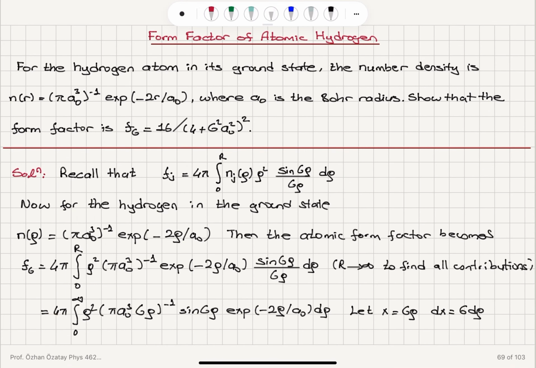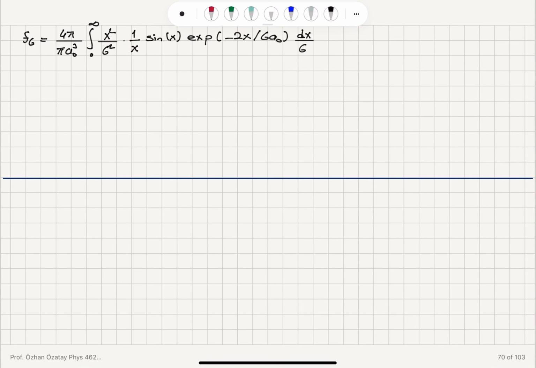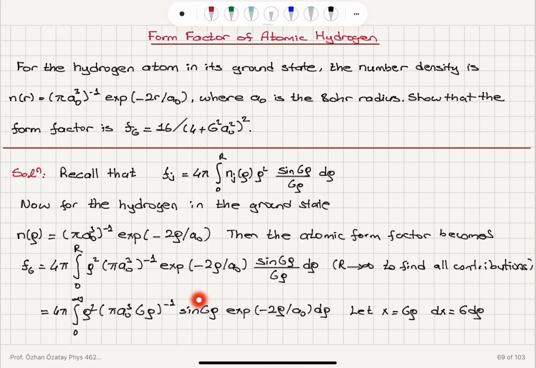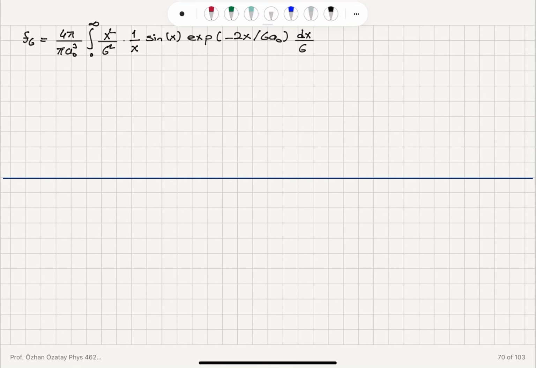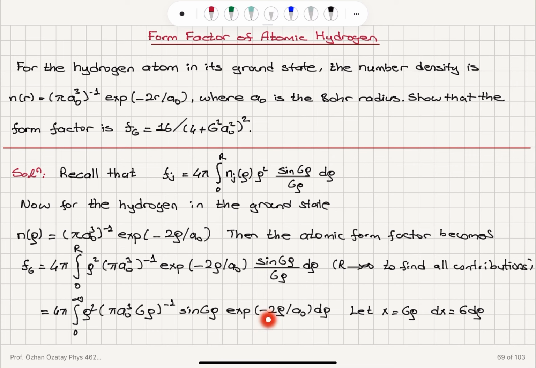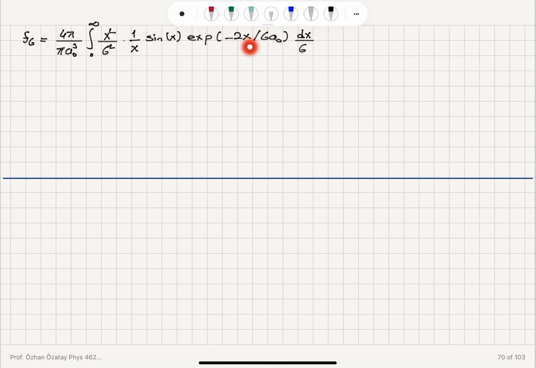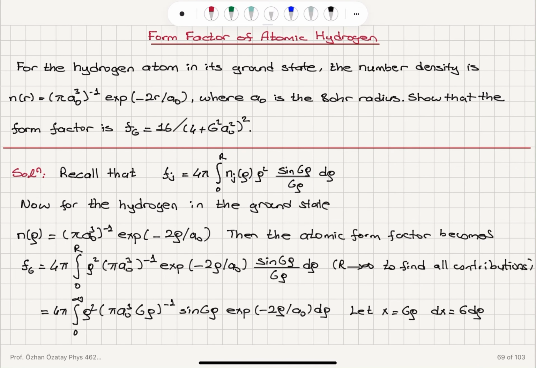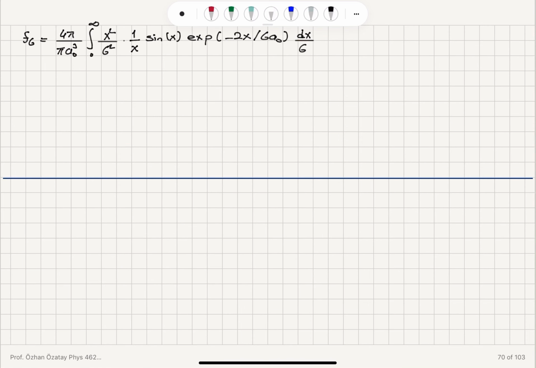We have taken πa0³ downstairs. Then (gρ)⁻¹ is x⁻¹, that is 1/x. Next, sin(gρ) is sin x. For exp(−2ρ/a0), we substitute ρ = x/g, so we have exp(−2x/(ga0)). And for dρ we substitute dx/g.